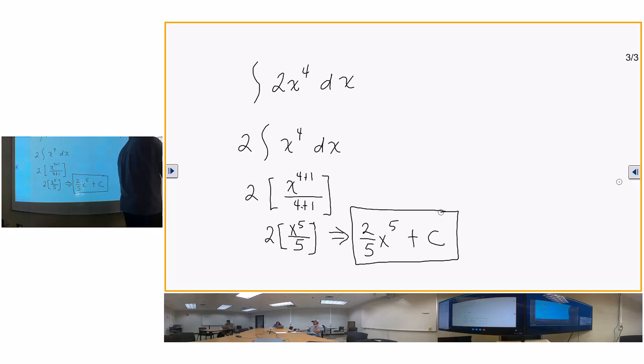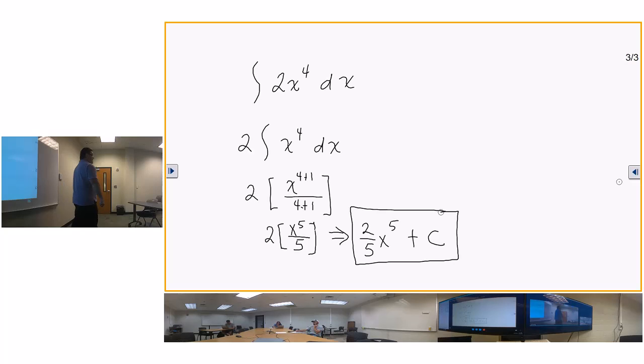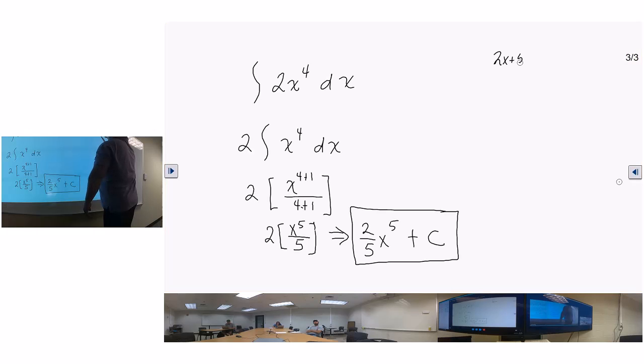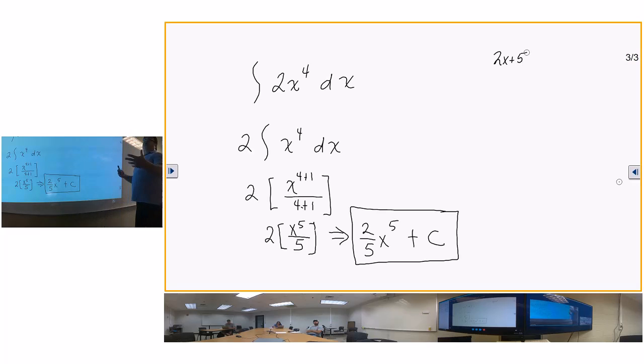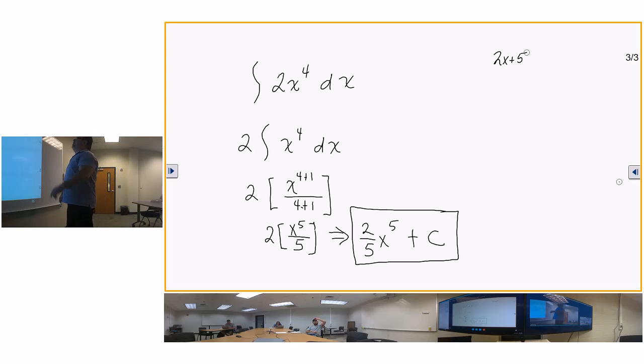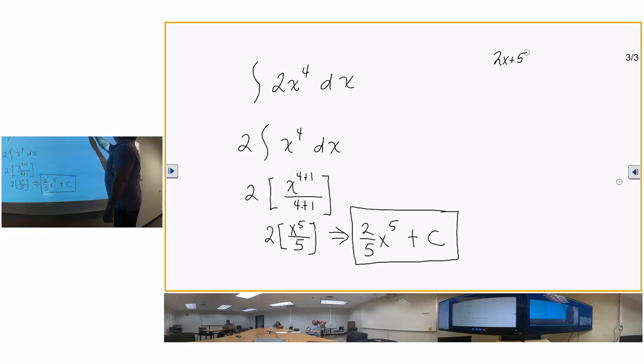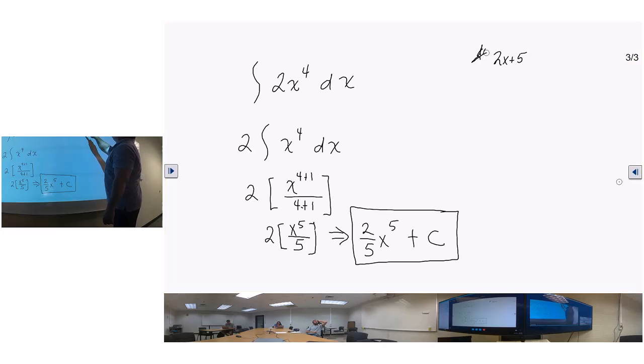Now, why in the world do you have to add a c? And is that important? To some calculus instructors, oh my gosh, they go into a frenzy if you don't put the c. Why? What's the derivative of 2x plus 5? I'm telling you why. Hold on. What is the derivative of 2x plus 5? d over dx.